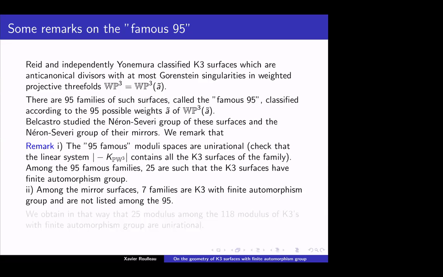This is interesting because among the 95 families, 25 are K3 surfaces with finite automorphism group. So you obtain in that way for free that these 25 moduli spaces of K3 with finite automorphism group are unirational. Another remark is that among the mirror surfaces, 7 families are K3 with finite automorphism group, which are not listed among the 95.